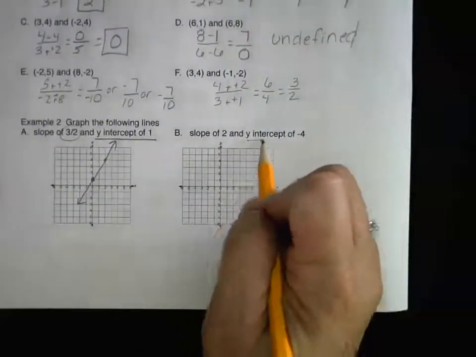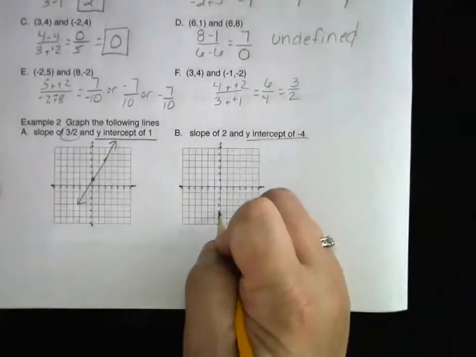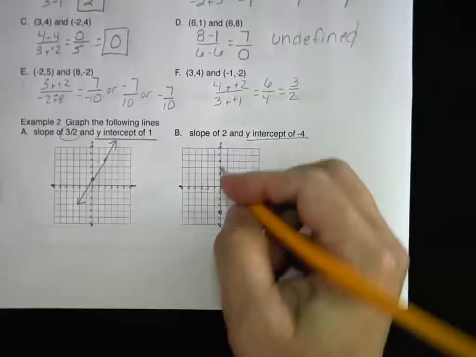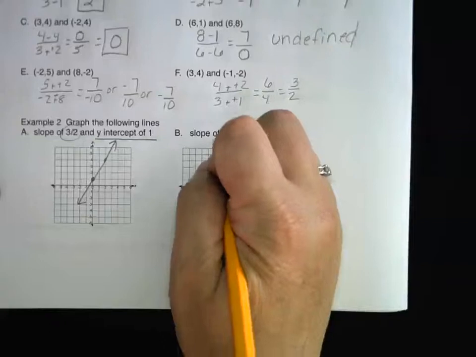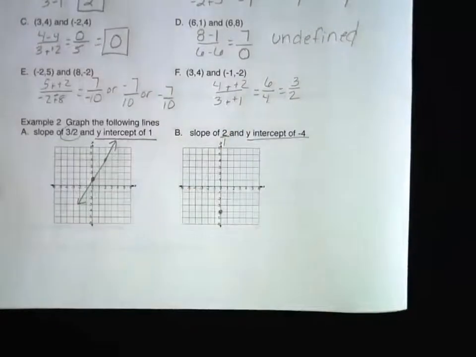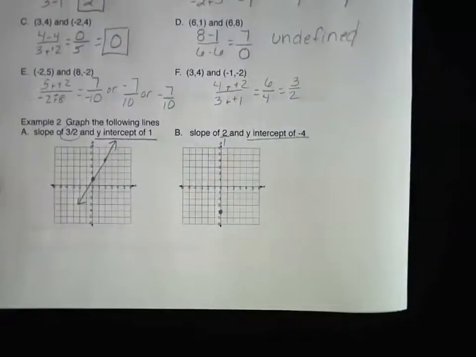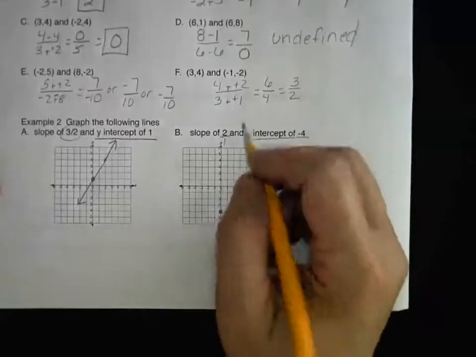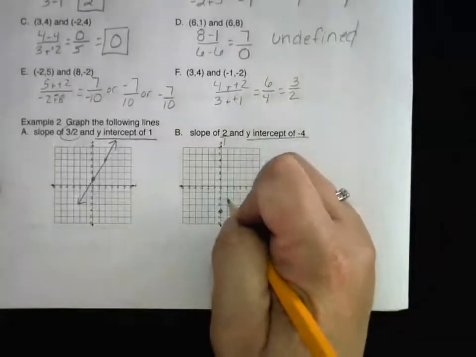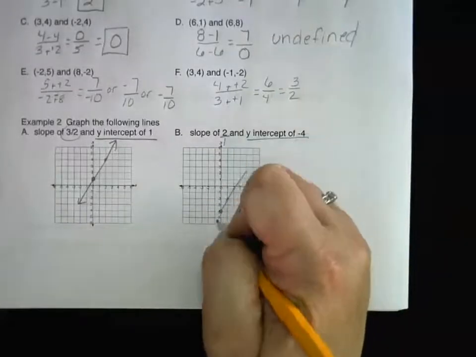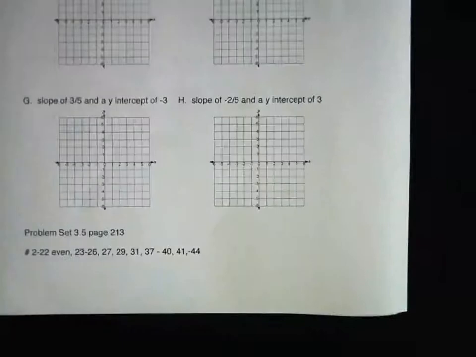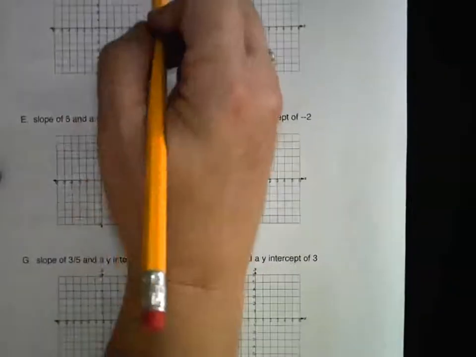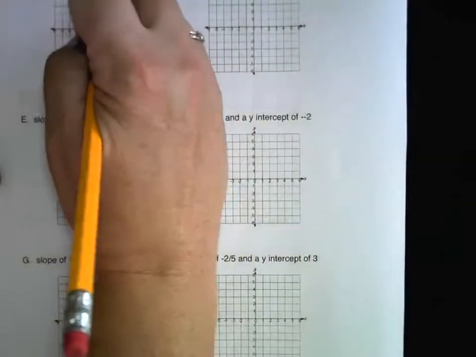Letter B, our y-intercept is negative 4. It's always on that y line, up and down. Our slope is 2. And you might want to write that 2 as 2 over 1. Rise over run, so you go up 2 and 1 to the right. Letter C, our y-intercept is 2.